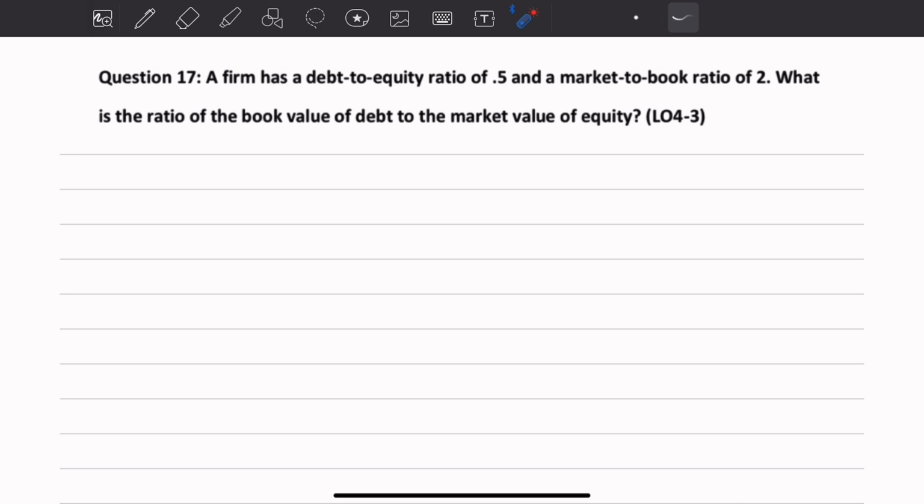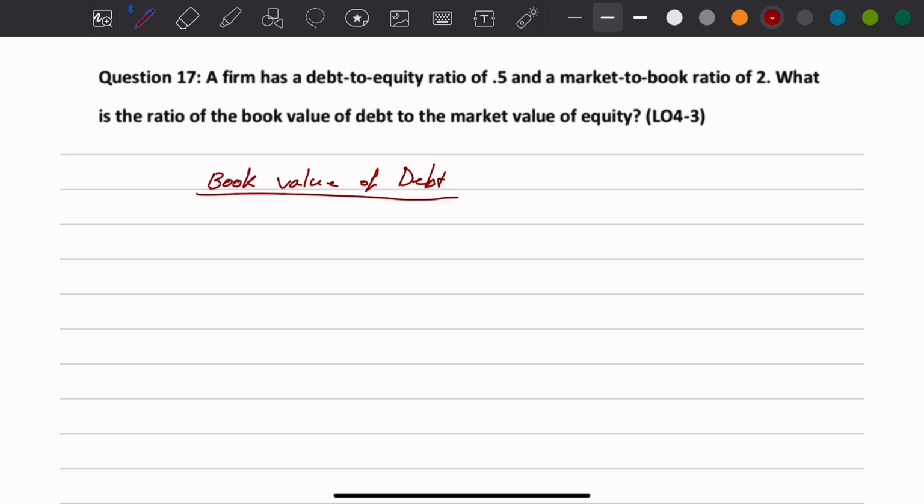Okay. Now this one is interesting. What the question wants us to find out is the ratio of book value of debt to the market value of equity.